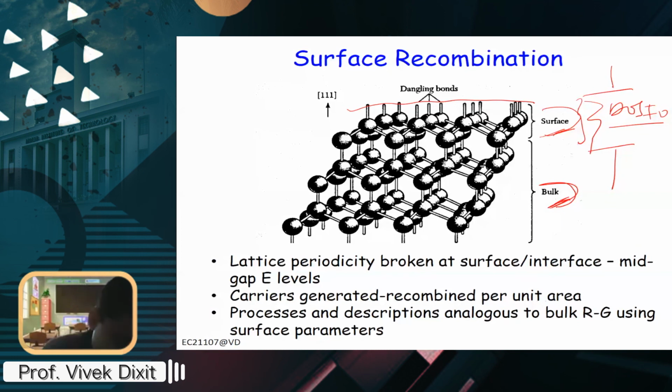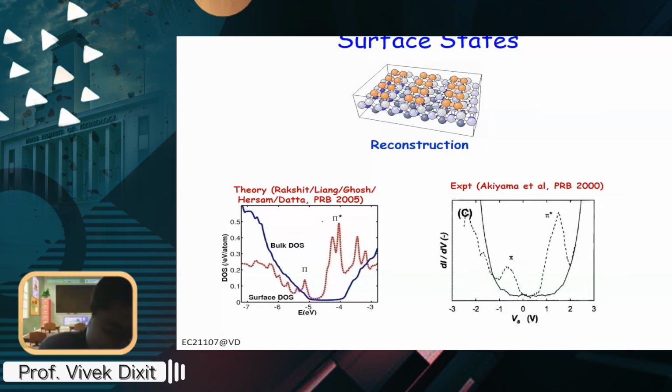Now you can see some measurements done here. This blue line is for the bulk density of states measurement, and this is for the surface, right? You see this is a band gap here, but in the surface you see the density of states here. Similarly, in another experiment, this is a bulk, this is a surface, right?